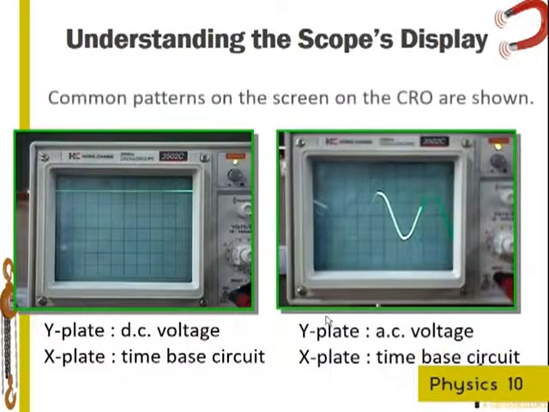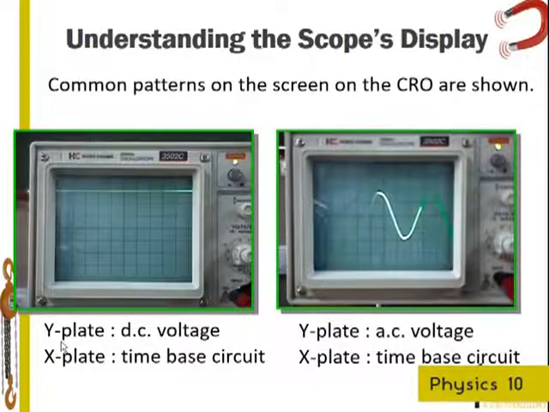Now in this particular scenario, we have a DC voltage across the Y plate, and we also have an X plate with a time-base circuit. So you can see how the beam now will be moving across the top of the screen because of the DC voltage applied.